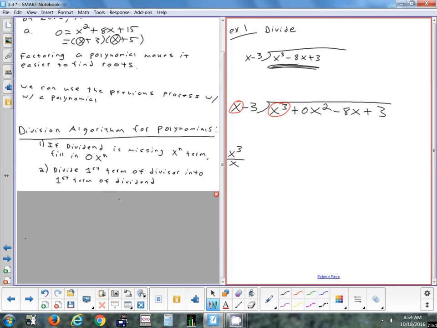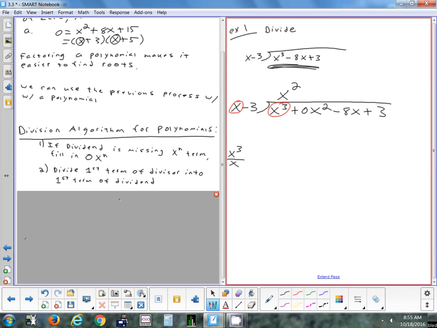That's what we're doing in our head right now. So if I do that out, what is x cubed divided by x? Yep, Ian? X squared. Yep, x squared. Good. So we're going to put that answer up there. In this case, it doesn't matter where you put it. Put the x squared anywhere you want.